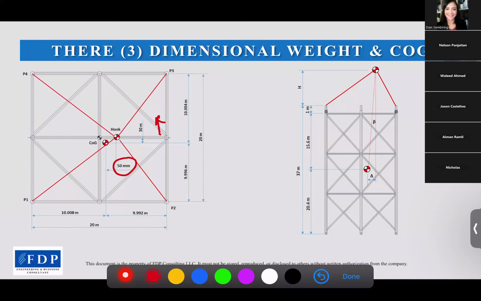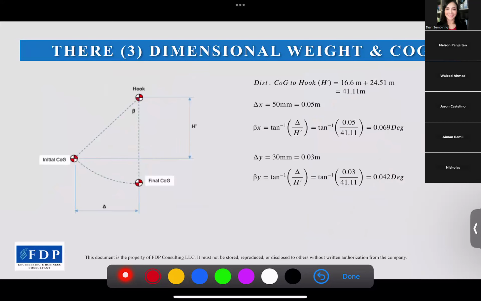To calculate the tilting angle of the structure, we need to know how the structure responds to the different COG, to the different hook location.